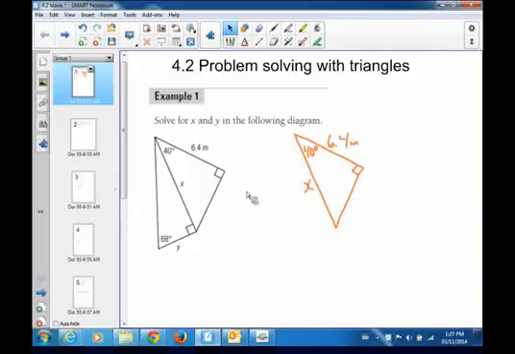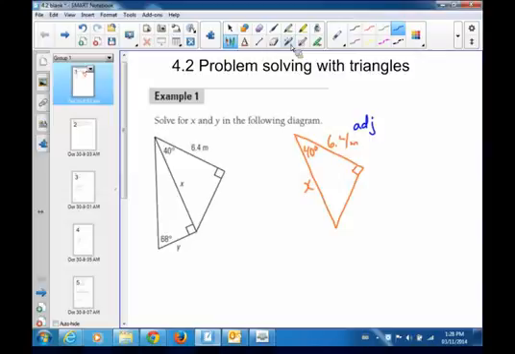Now, look on the side, or if you have your other sheets, sine, cosine, and tangent. As far as 40 degrees is concerned, 6.4 is what? The opposite, the hypotenuse, or the adjacent? It's the adjacent, thank you. So this is my adjacent side, and the x is the hypotenuse because it's across from the right angle.